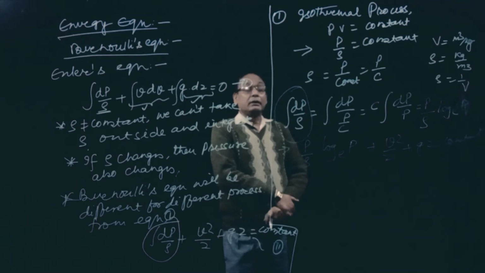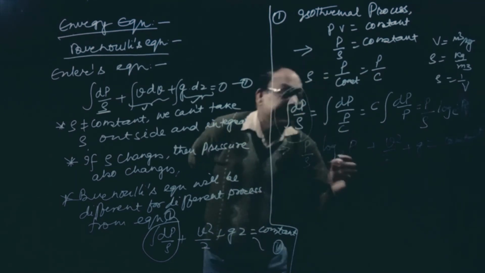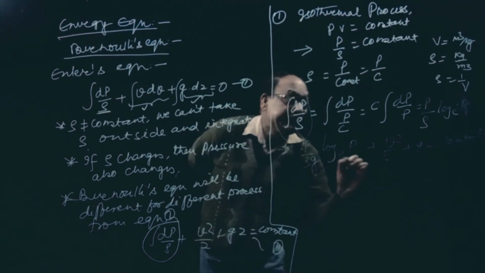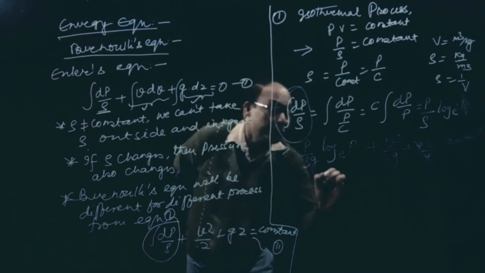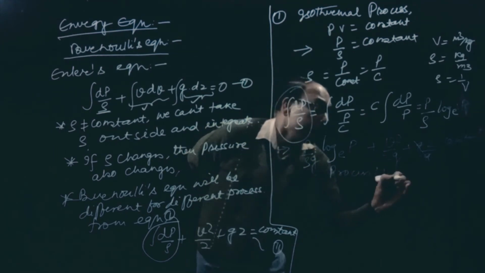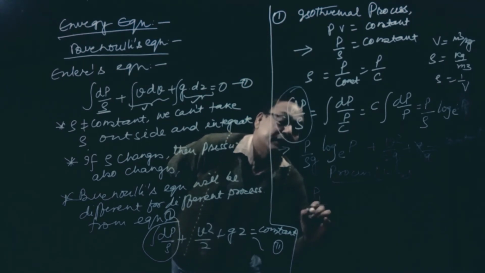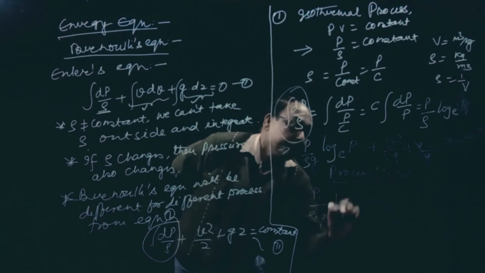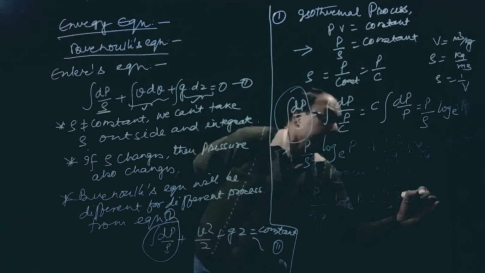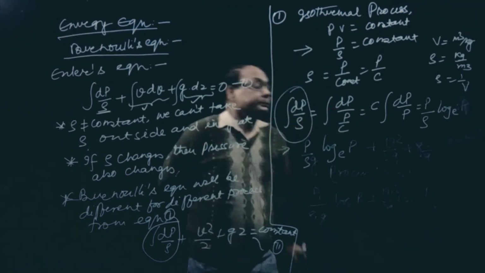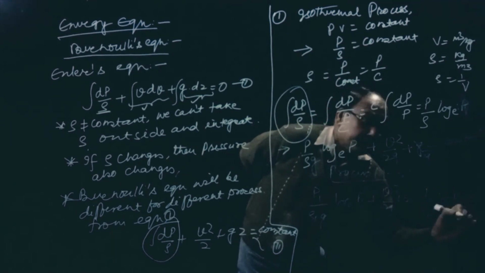Now, dividing by G, here G, here also G, and here also G, so this will get cancelled. For the process 1 to 2, we can write P1 by rho 1 G log base e P1 plus V1 square by 2G plus Z1 is equal to P2 by rho 2 G into log base e P2 plus V2 square by 2G plus Z2.